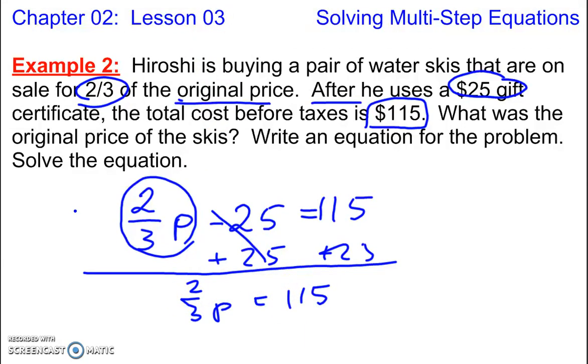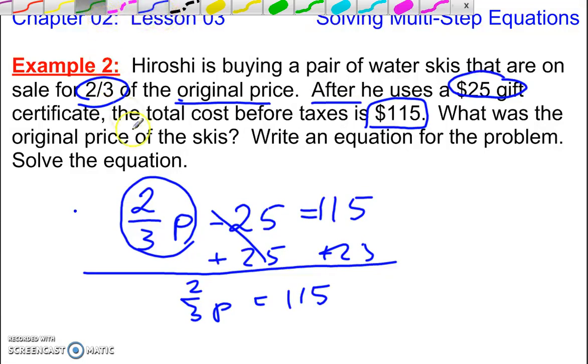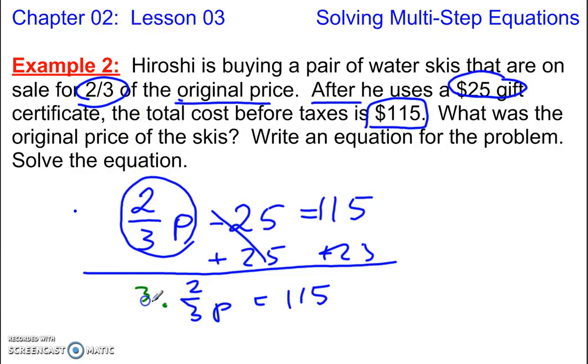Remember how to get rid of fractions. We multiply by the reciprocal, times 3/2, and to multiply by a fraction, multiply by the top, divide by the bottom. So 115 times 3. Oh, I made a mistake. And I know you guys would have pointed this out in class as I went. I forgot to add.